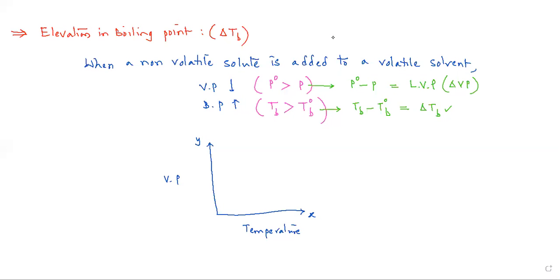Now, we know that the vapor pressure does not increase linearly with the temperature. It increases exponentially until the critical temperature of the liquid is reached.